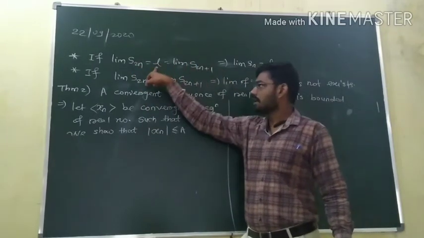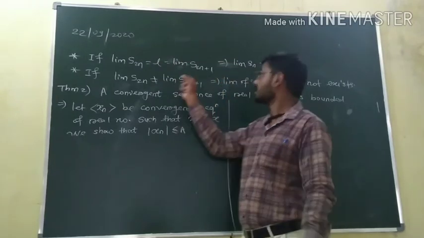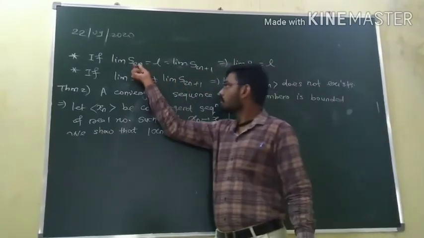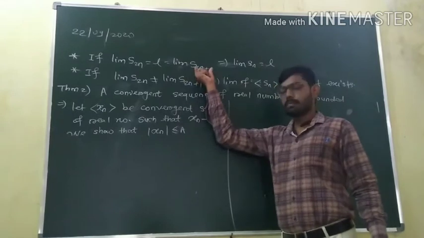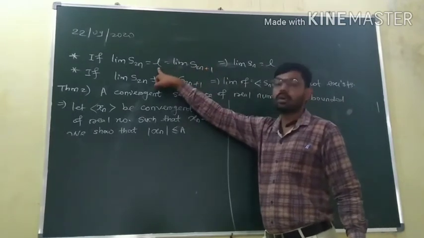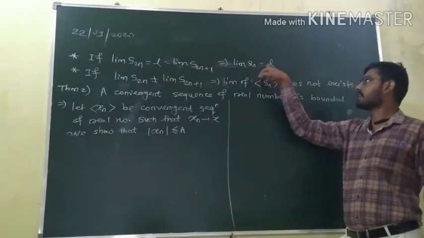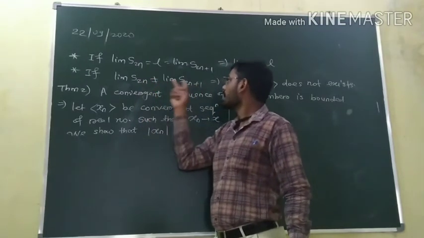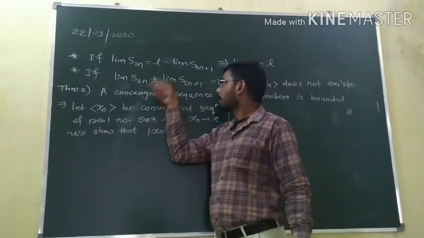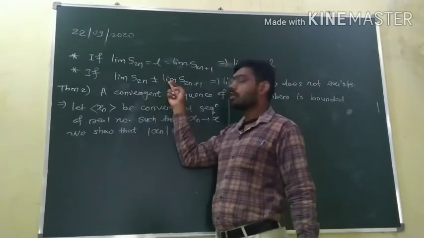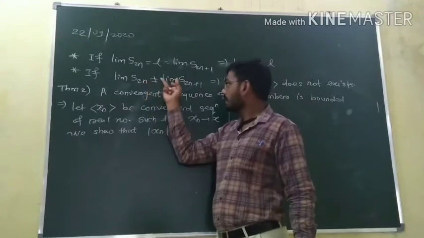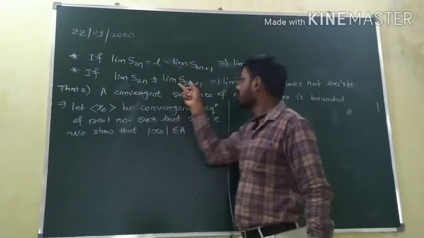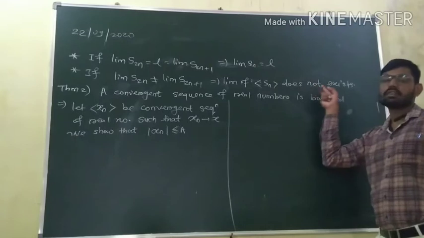If both have the same limit L, then the original sequence Sn is convergent and also has limit L. That is, if the limit of the S2n subsequence and the limit of the S2n plus 1 subsequence are the same, equal to L, then the limit of sequence Sn is also L. Otherwise, if the two subsequences have different limits, or the limit of a subsequence does not exist, then the limit of sequence Sn also does not exist.